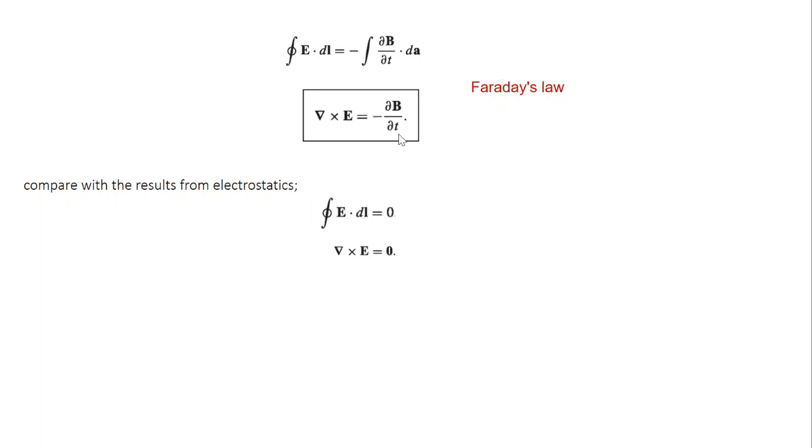Now if you compare this with the results from electrostatics, if you recollect, we derived that the closed integral of E dot dl equals 0 and curl of E equals 0. You can make out the difference between electrostatics and electrodynamics here.